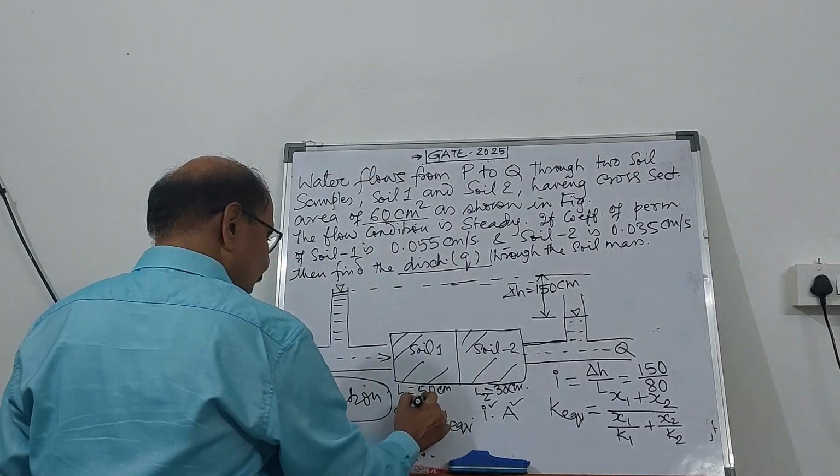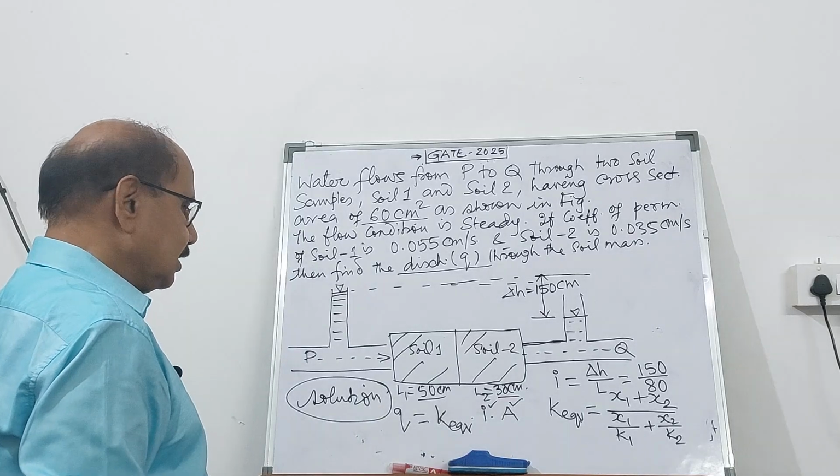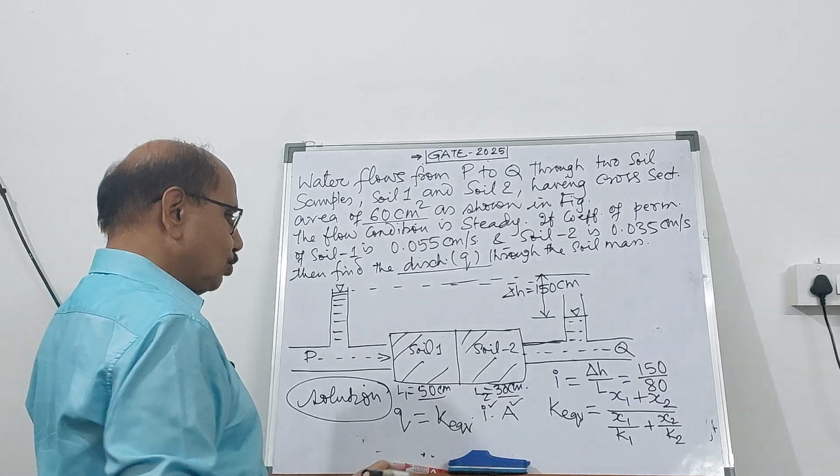The X1 and X2 are known to you. It is L1 plus L2, so it is going to be 80.